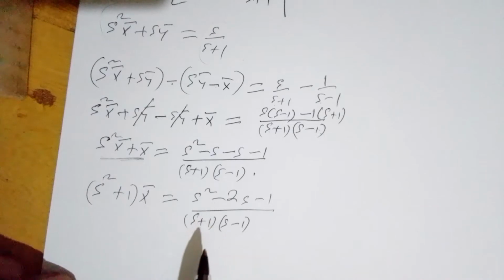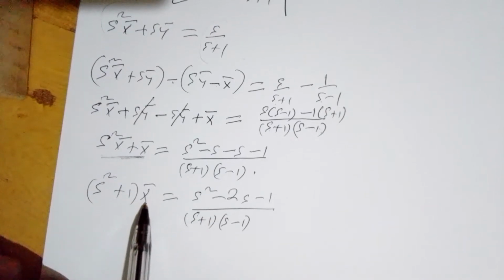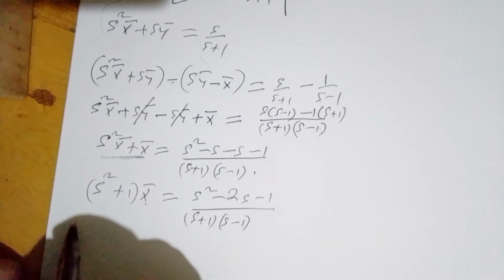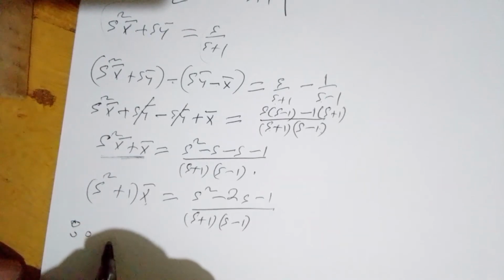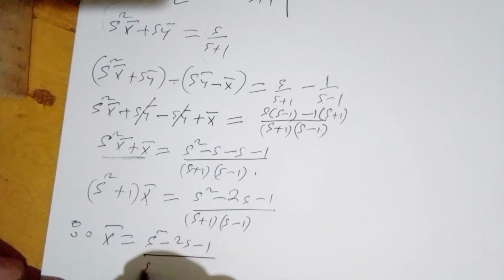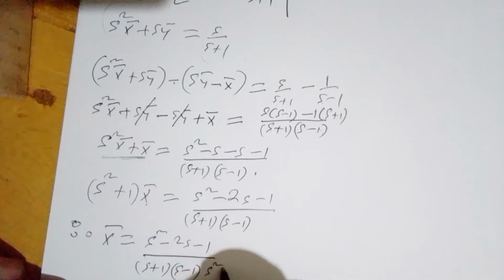Now if we want to get x bar, we divide through by s squared plus 1. Therefore x bar equals s squared minus 2s minus 1 over s plus 1 times s minus 1 times s squared plus 1.